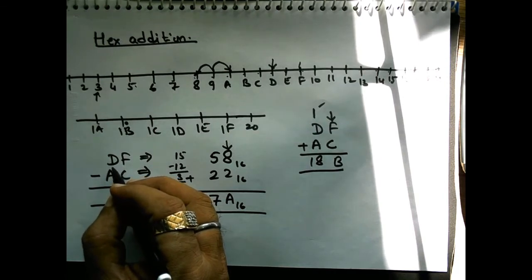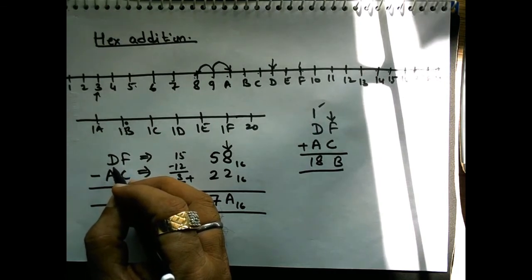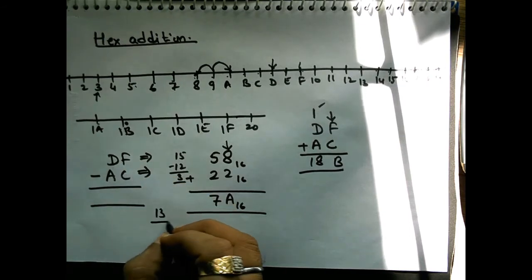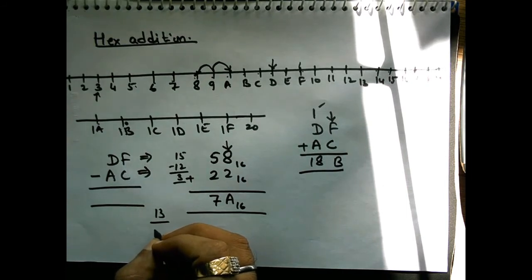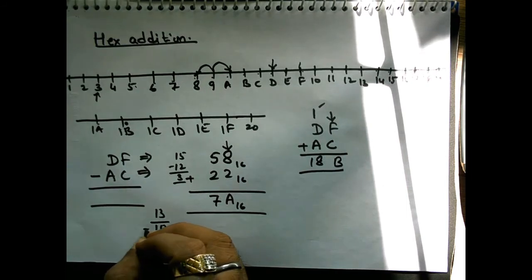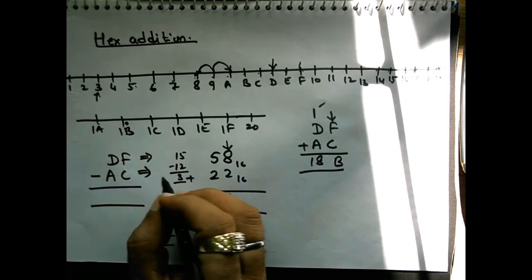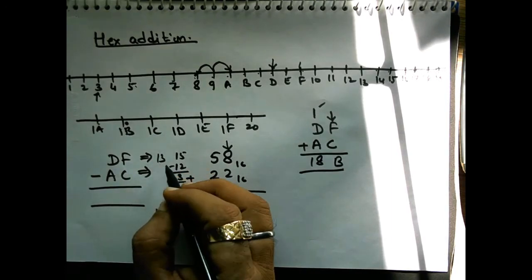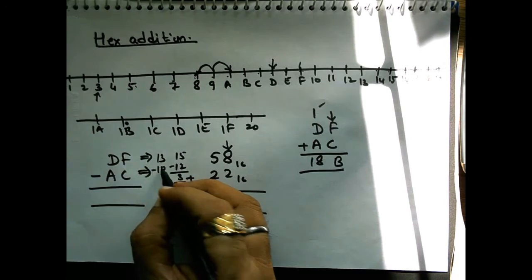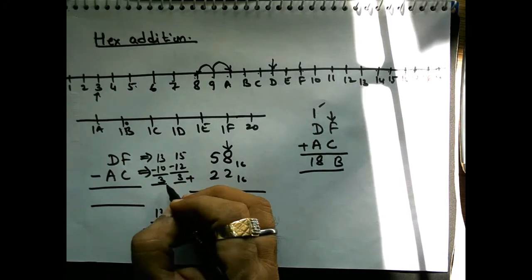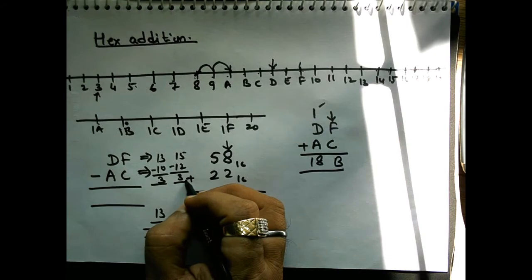If you have to subtract, say, A from D, D is equivalent to 13 and A is equivalent to 10. So 10 has to be subtracted from 13, and the result is 3. So 13 minus 10 is 3. So 3 in hex is the result.